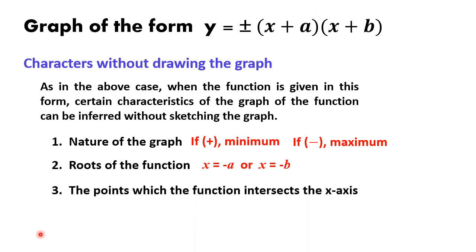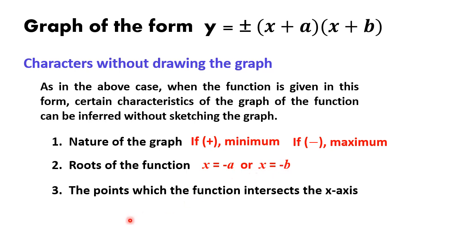So the third one, the points which the function intersects the x-axis. Now the graph intersects the x-axis. When the graph intersects the x-axis, already we learned the points where the graph cuts the x-axis are known as the roots. So intersecting points, x values are minus a and minus b.